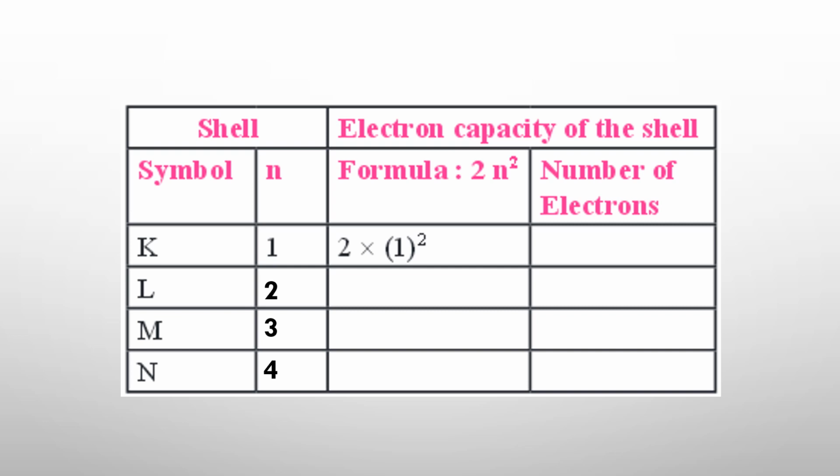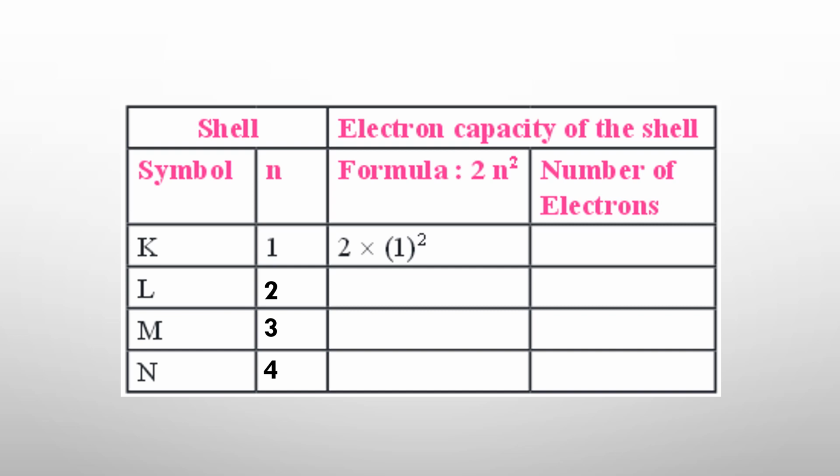How do you understand how many electrons you're supposed to put? For that you use the formula 2n square, and that is the third column.